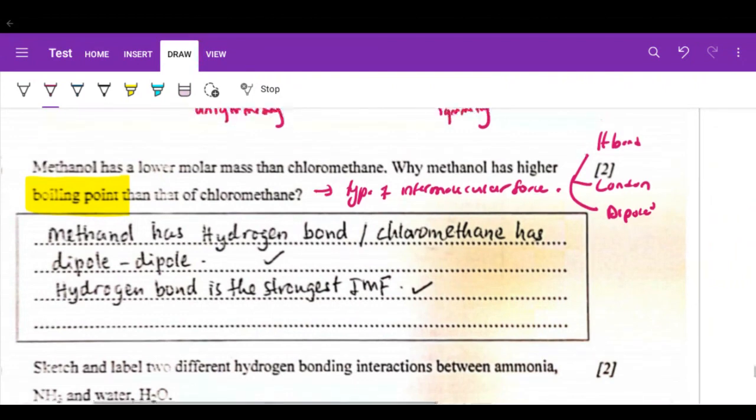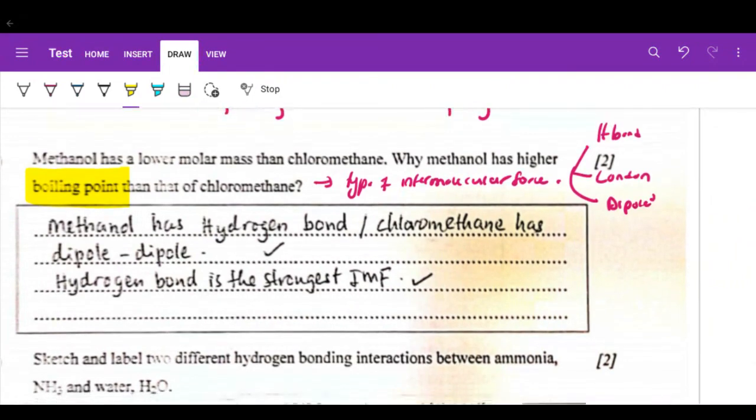So methanol has hydrogen bond, and hydrogen bond is the strongest amongst the intermolecular forces. And chloromethane has dipole force. This is 1 mark. The second mark is please state that the hydrogen bond is the strongest intermolecular force. 1 mark here.